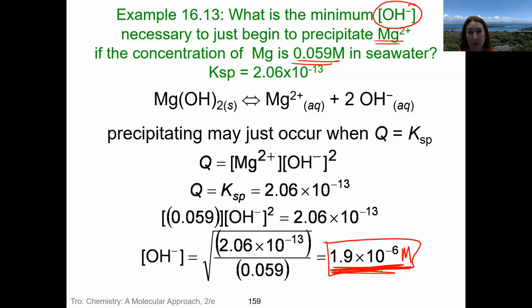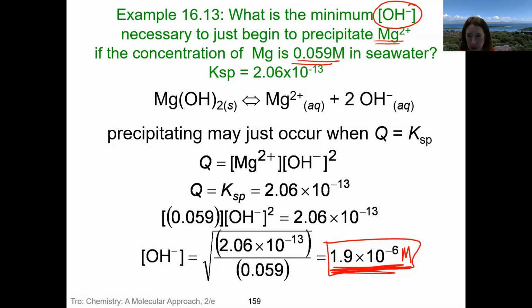Again, these are tiny numbers because these are insoluble, which means very, very little of them are actually ions. It's almost all solids. Okay, let's try another one.